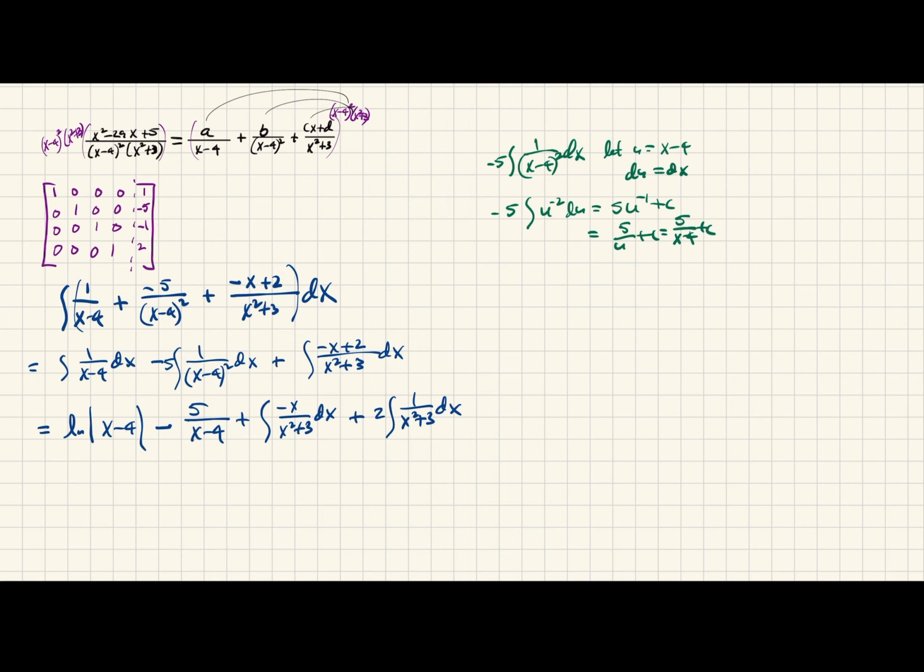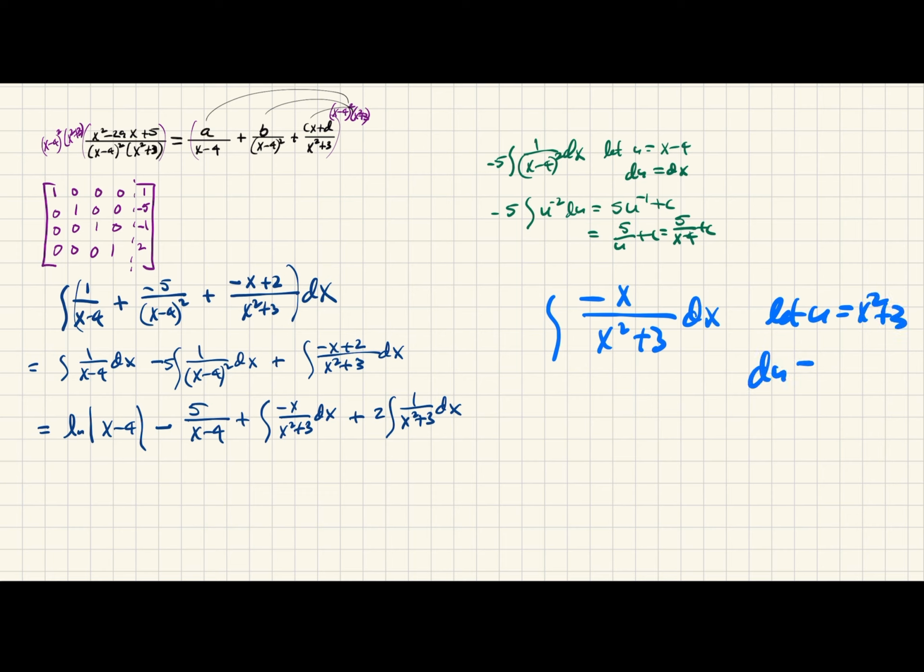What are we going to do? All right, so we've got the integral of minus x over x squared plus 3 dx. So let's see. I'm going to let u be equal to x squared plus 3.